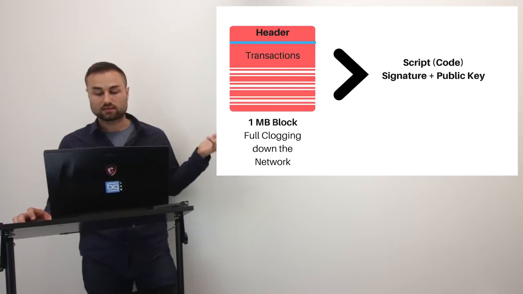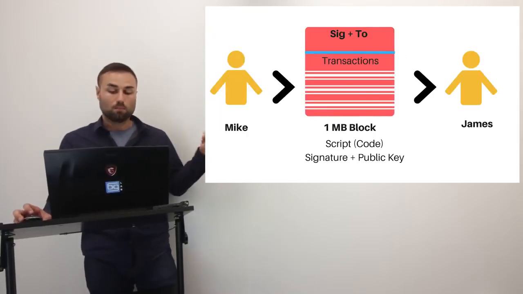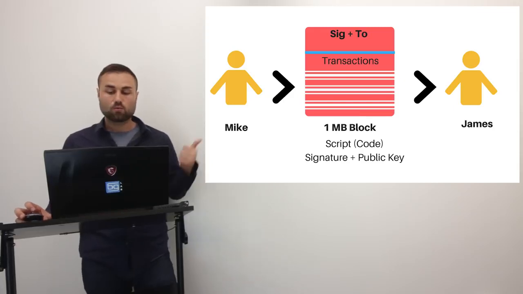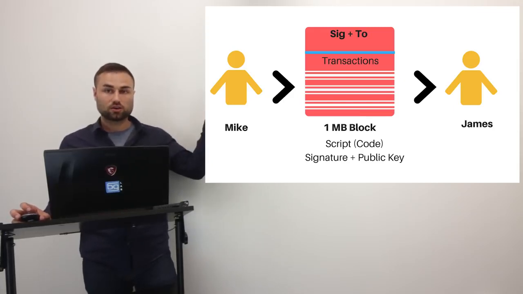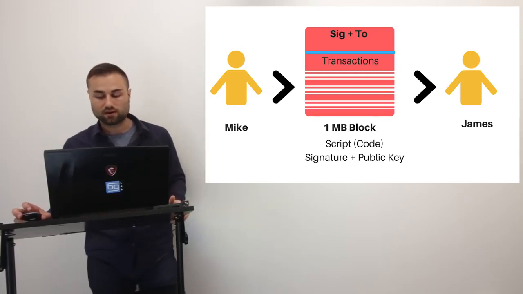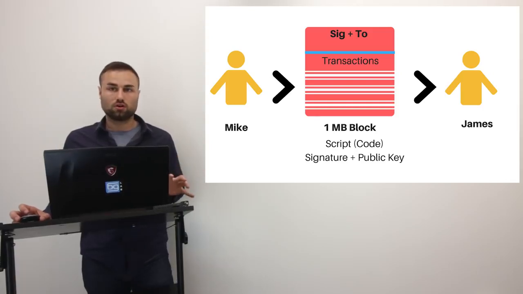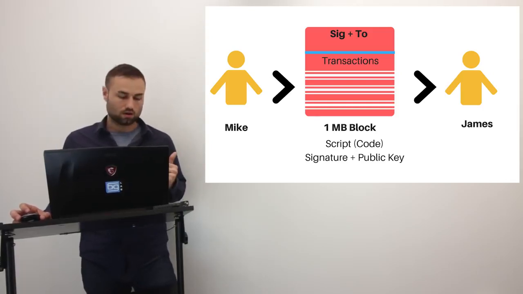If you're looking at this second picture, this is how a transaction looks right now. Mike wants to send it to James, and within the block, it is Mike's signature to James with all the script information in there, and then James accepts it finally, okay? Now, this is the segregated witness proposal to speed up and also to scale the Bitcoin protocol.